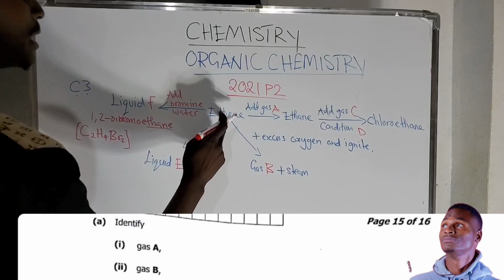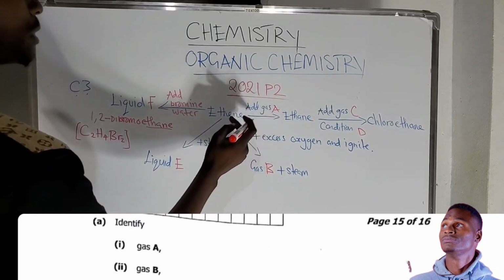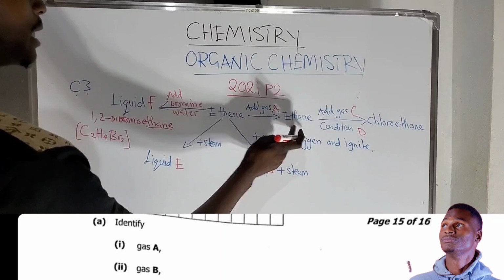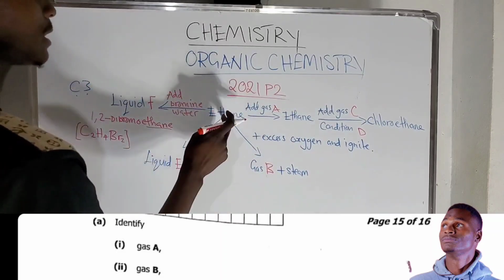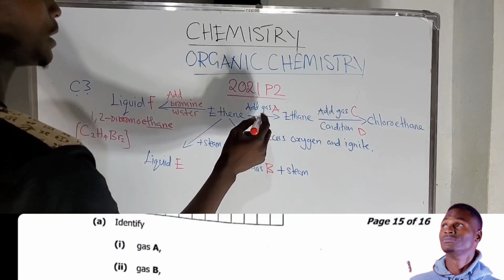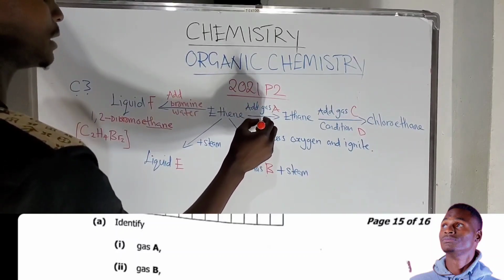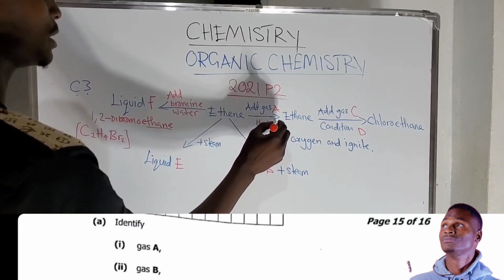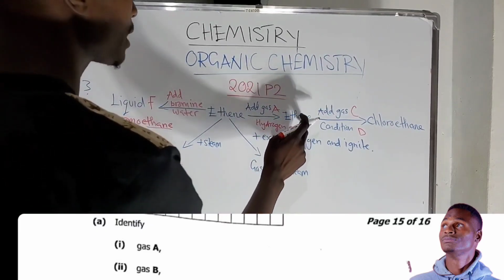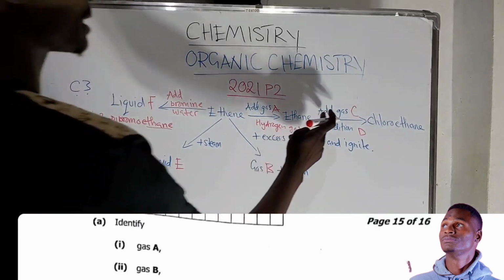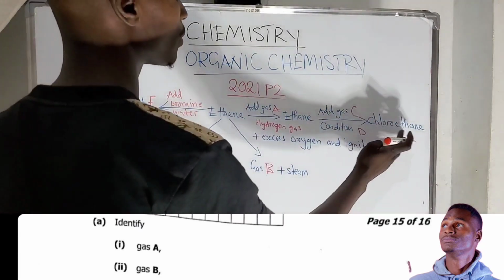Then when you add gas A to ethene, it changes to ethane. This is hydrogenation of ethene. When hydrogen is added, gas A has to be hydrogen gas. When you add gas C and condition D to ethane, we form chloroethane.